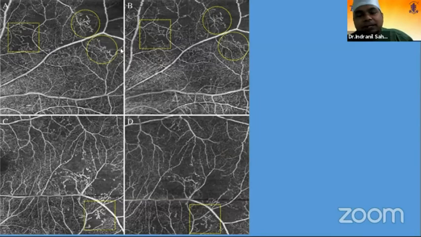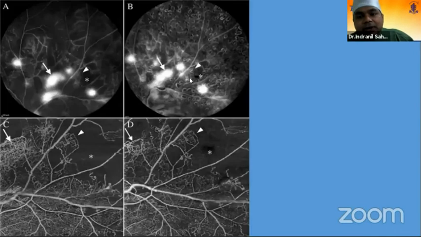All this is picked up so well on an OCT angiogram, and you can actually document and show the patient, as nowadays seeing is believing. This is a comparison of the FFA with the OCT-A, pre-treatment and post-treatment. Post-treatment, the neovascular component has reduced; it was thick in caliber and has become thinner.